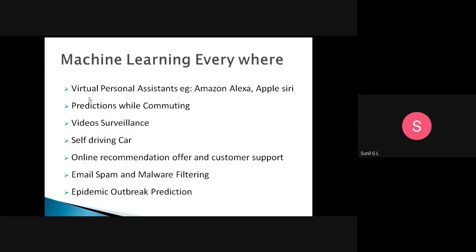For example, virtual personal assistants. Here in virtual personal assistants, you have Apple Siri and Amazon Alexa. What will you get? If I type or tell Siri, "Which is the flight from Bangalore to London?", then automatically it will give the details of the flights from Bangalore to London.